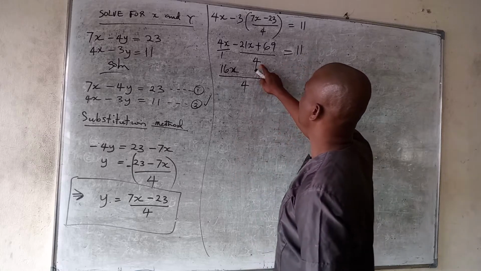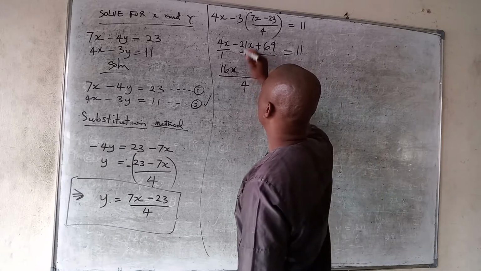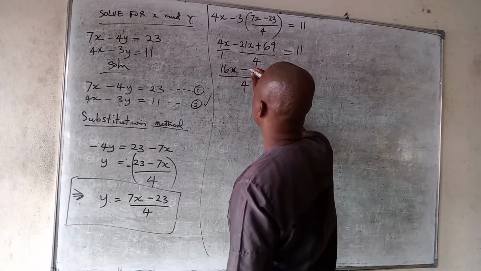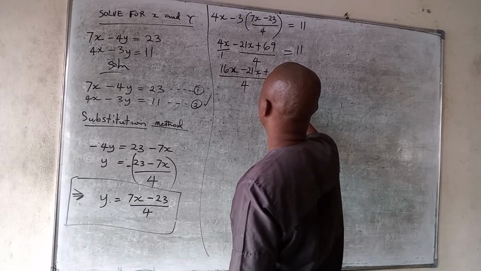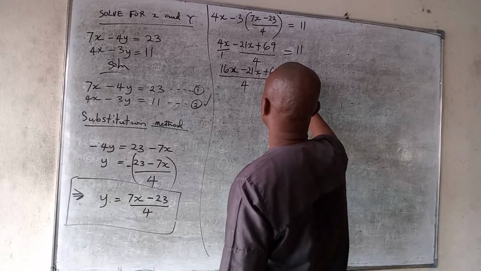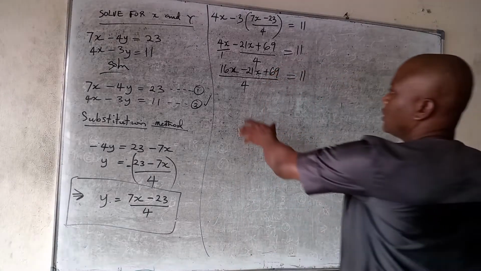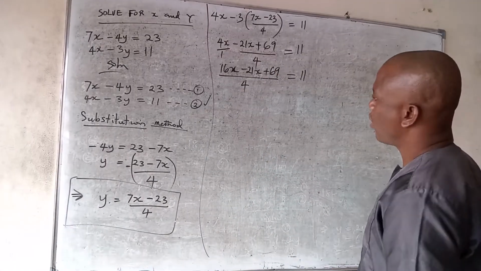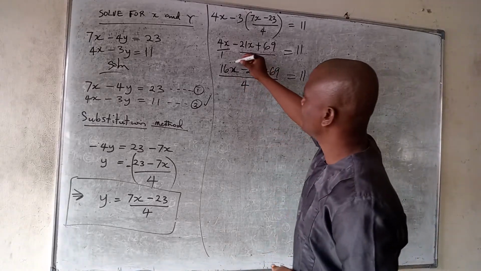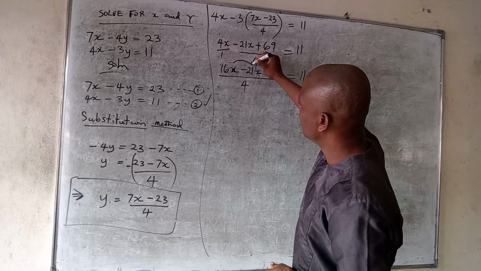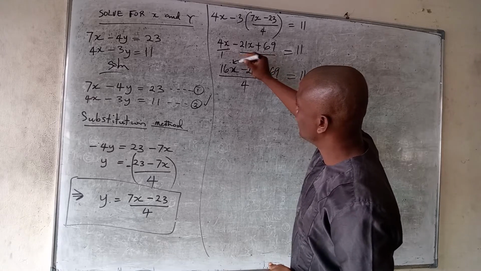Then if 4 goes into this, it becomes 1. Use 1 to multiply every other thing, which is minus 21x plus 69, being equal to 11. If you look at this equation, you will find out that this 16x and this minus 21x are like terms.